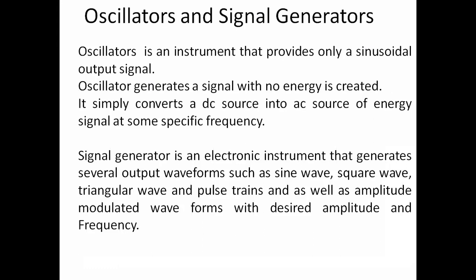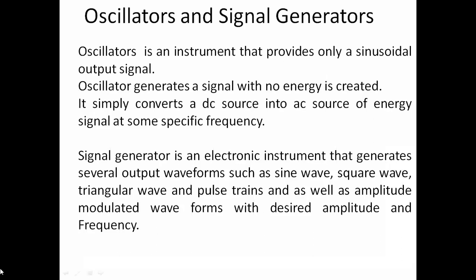It converts the DC source into an AC source of energy at some specific frequency. So it produces only a fixed frequency. There is no variable frequency. Variable frequency is not possible. By using an oscillator, we will get a fixed frequency waveform or fixed frequency output signal.